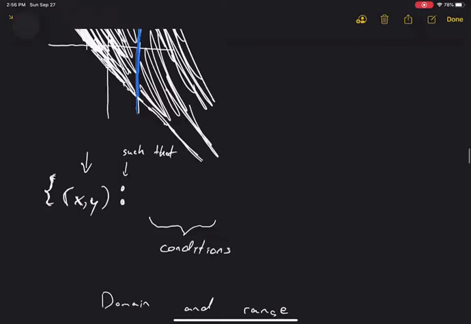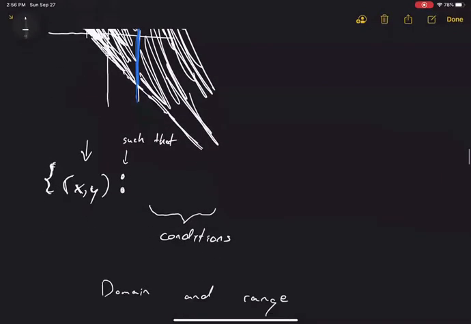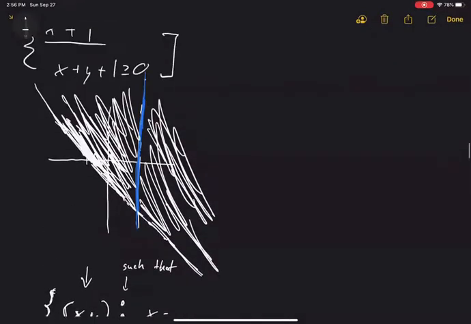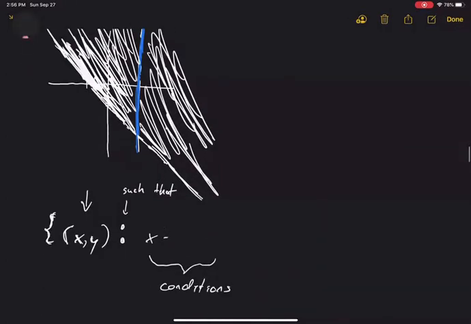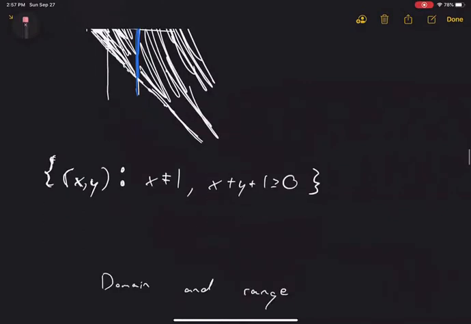What conditions do our x and y satisfy? We have these two conditions. I put those two conditions here, separate them by commas, and put another brace on the end. So this is the analog we have for interval notation.